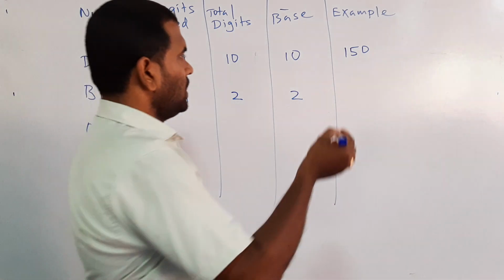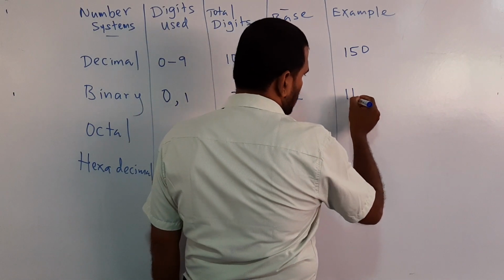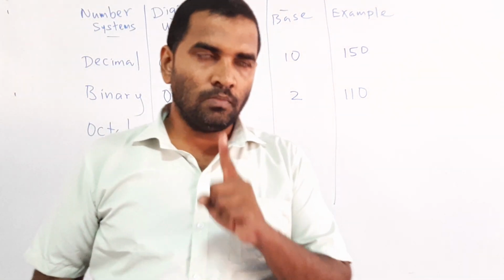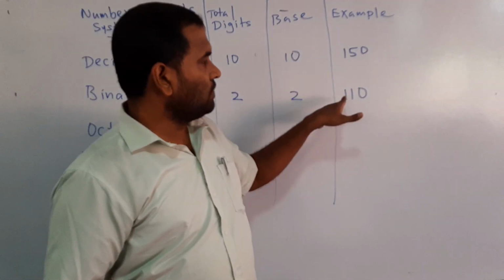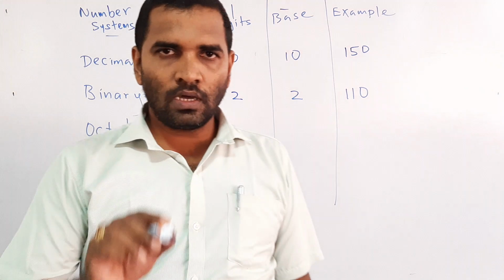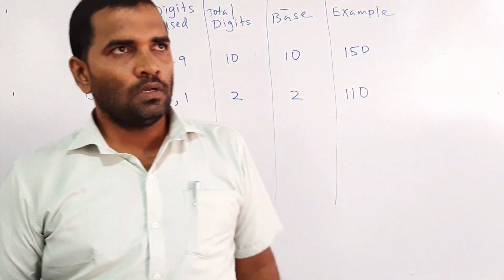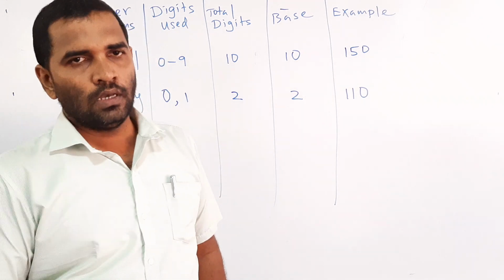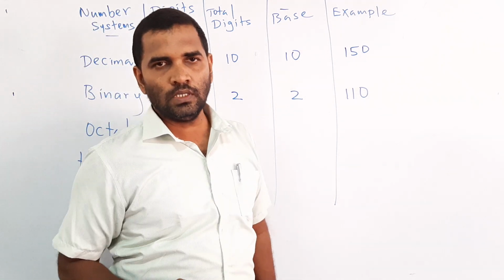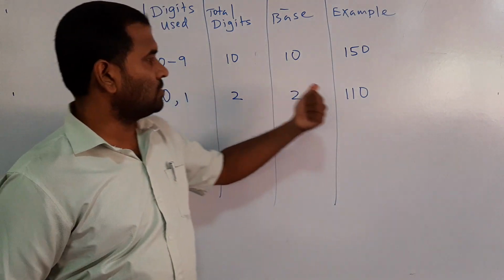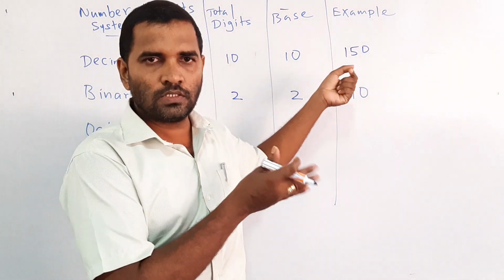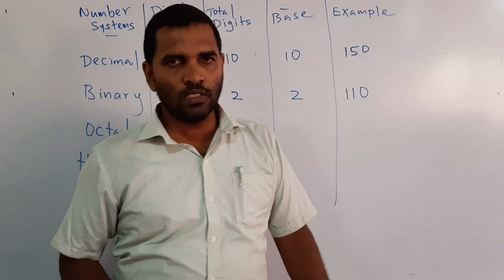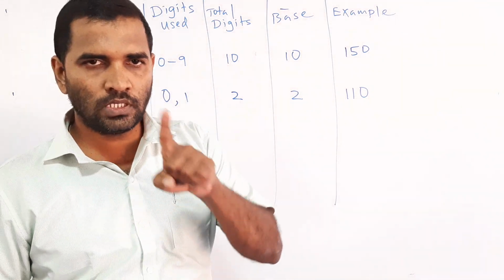So let me write one example. 110. You must be very careful here, because if I write 110 without mentioning the base, it must be pronounced as 110 and considered as a decimal number system, because as we discussed just before, numbers which do not have a base should be taken as decimal.